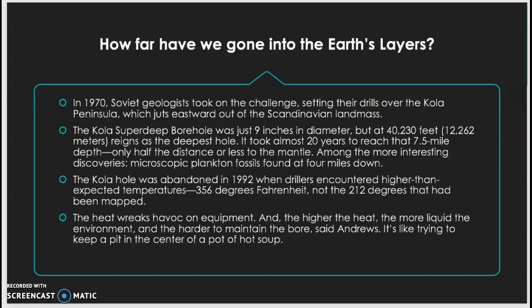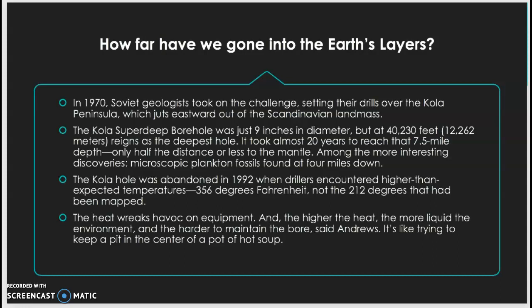And they have drilled the largest hole that anyone has drilled on land. They had to stop drilling in 1992 because it got too hot, and the drill bit is metal, and it started to melt and warp, and it's really hard to work at that depth.